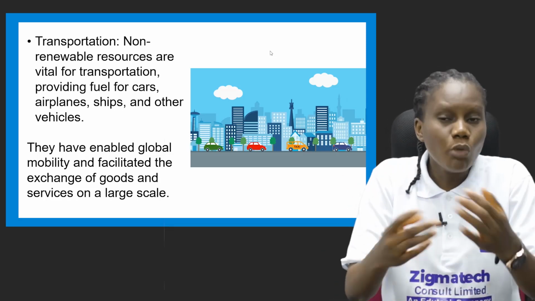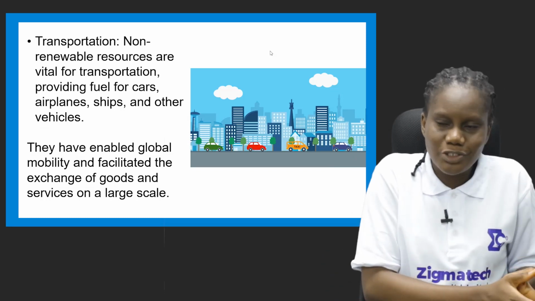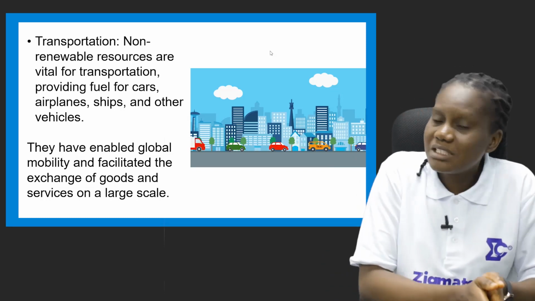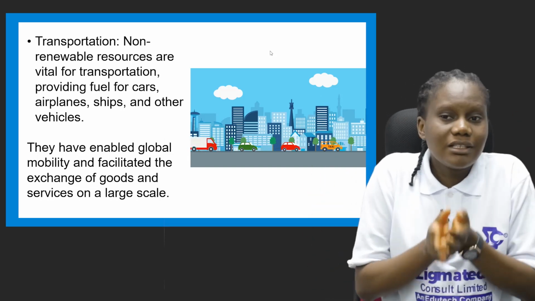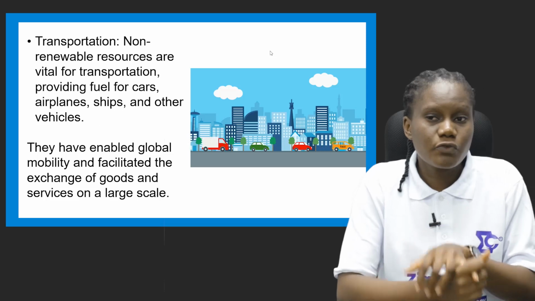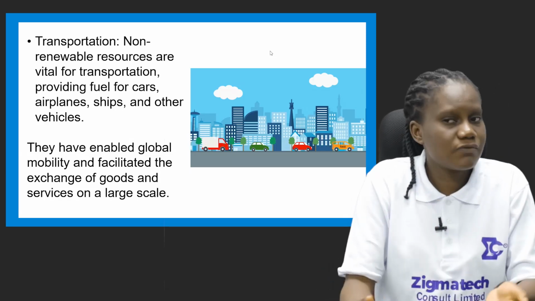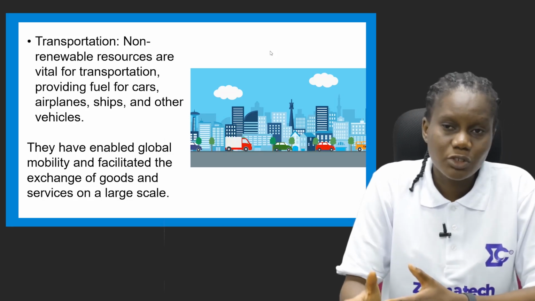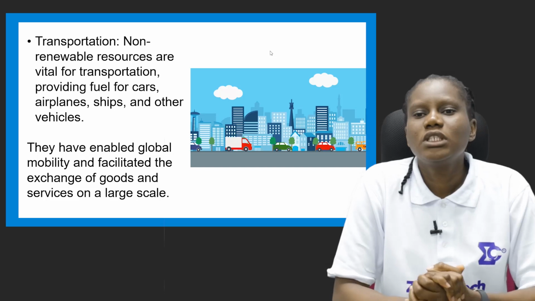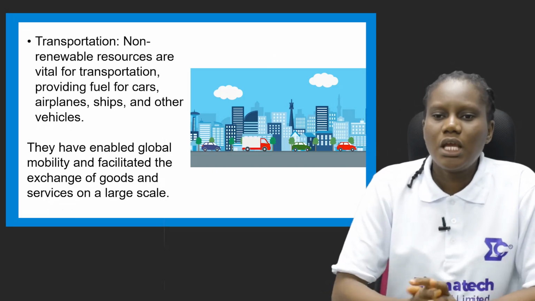So if we are going to be mobile to enable global mobility, that is moving from one place to another, it is being facilitated largely by non-renewable resources, and that is the fossil fuel. From your fossil fuel, you're going to get your petroleum, you're going to get your diesel and other gases that are used in the process of transport, that provide fuels for these various transportations.